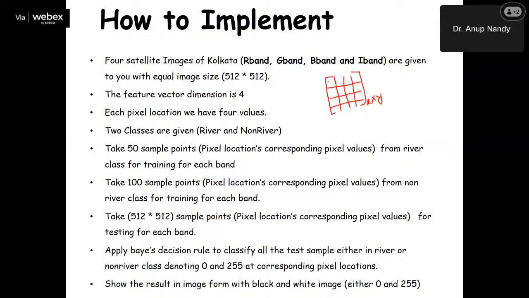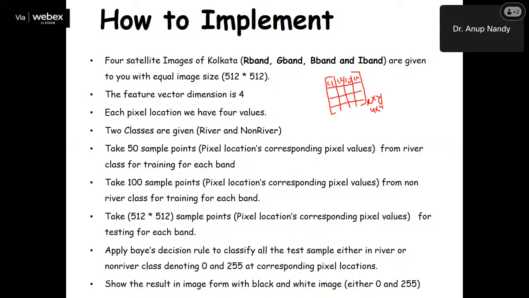This is 1, 1, this is 1, 2, suppose 1, 3, and this is 1, 4. So this is a 4 cross 4 image, where x is 4 and y is 4. This is my pixel location.